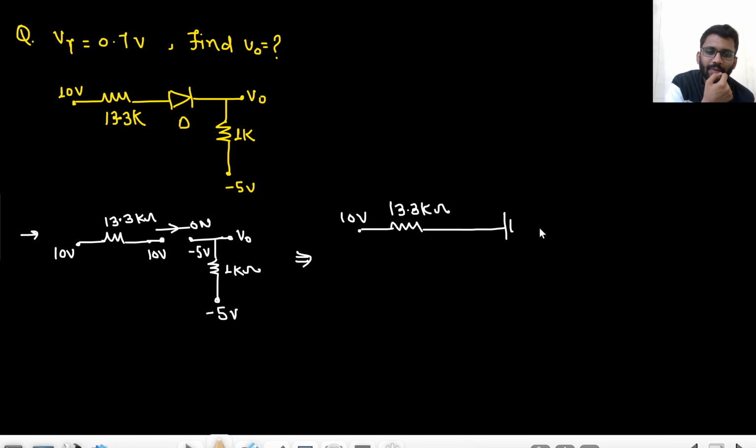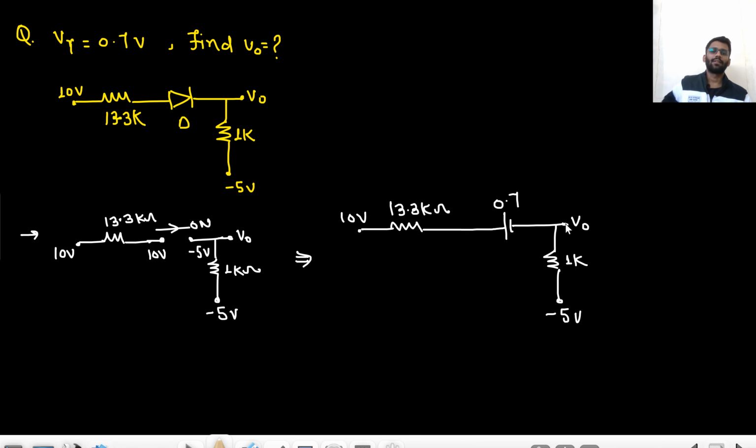The diode is on, that means it will be replaced with a battery of 0.7, and 1 kilo ohm. This is your V0. Now write the KVL. This is what I want. Write the KVL.